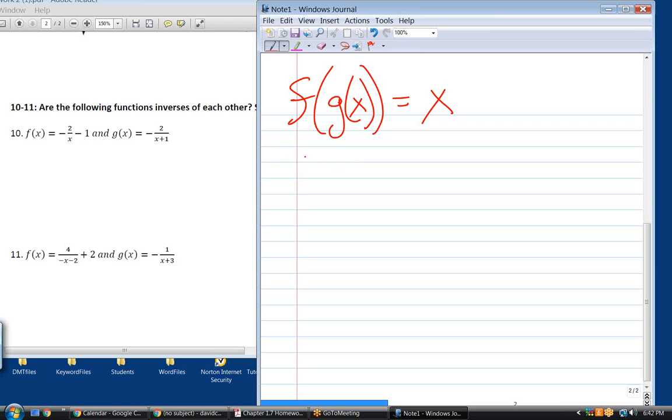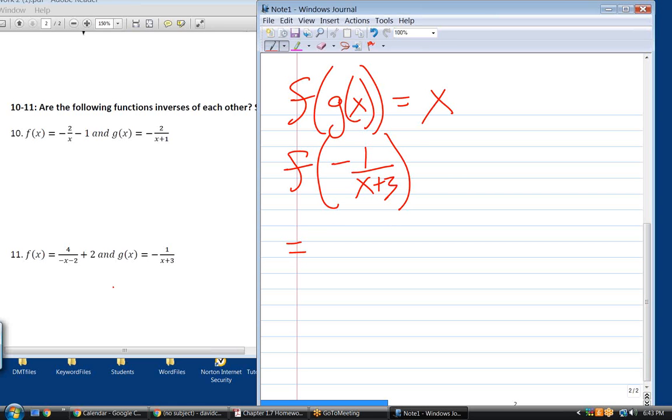-1 over x plus 3. Well, f of -1 over x plus 3. See why you have to have the f of? Yes. Okay. And what's that equal when I plug it in? In other words, that's g of x.